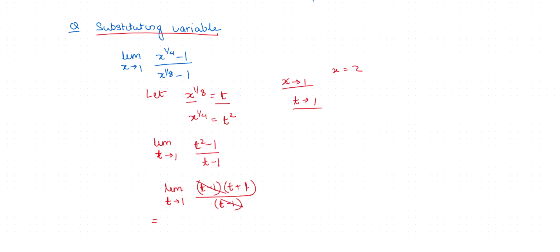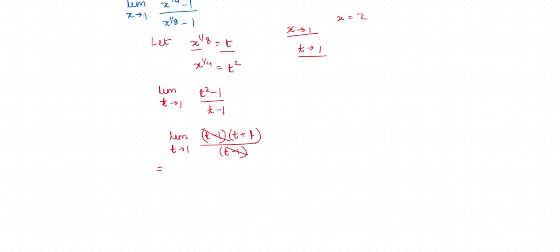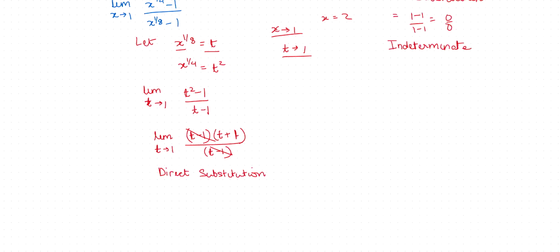Here t tends to 1. So when we directly substitute t equal to 1, we get 1 plus 1, which is equal to 2. So this is the limit of this function.